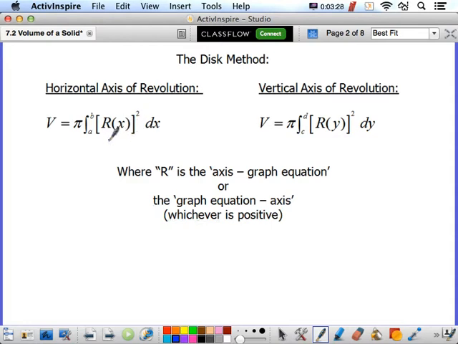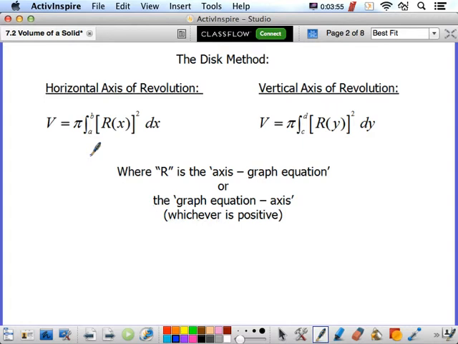You might also see that as the height of your rectangle sometimes. This will be your primary equation usually with respect to x. So if we go back to pi r squared w, this is your pi, this is your r squared, the radius, and this is the width, the dx, the width of each of your individual rectangles. The limits from a to b depend on where you're starting and stopping. You'll either be able to figure that out on your own, or it will be given to you.